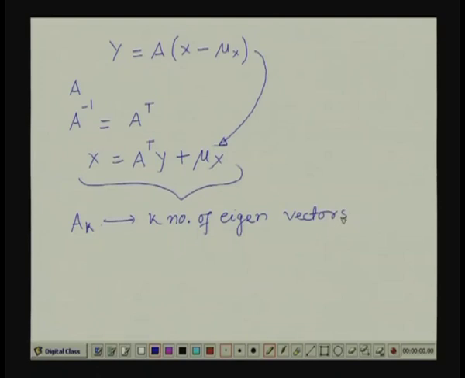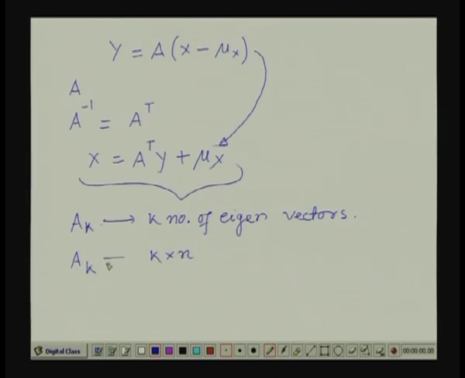I am not considering all the eigenvectors. And obviously, because I am taking k eigenvectors, I will take those eigenvectors corresponding to the k largest eigenvalues. So, this matrix AK will have k rows and every row will have n elements.